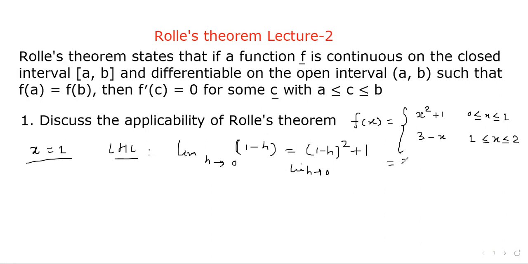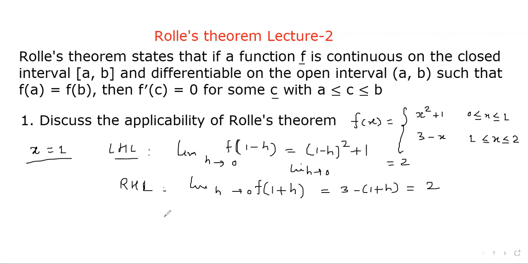So this will give 2. And we try RHL. So limit h tends to 0, f(1 plus h). So the function at 1 plus h will give 3 minus (1 plus h). So this will give 2. So LHL equal to RHL. Hence we say that the function is continuous at x equal to 1.